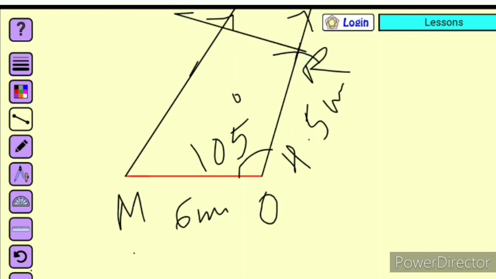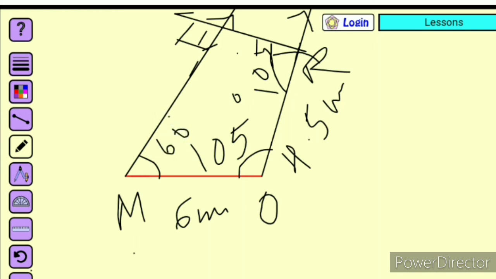Where it cuts that 60-degree ray, there we give the name E. It is E. Mark here how much this 105 degree is. It is not exactly 105 degree, but while doing, you do exactly 105 degree.